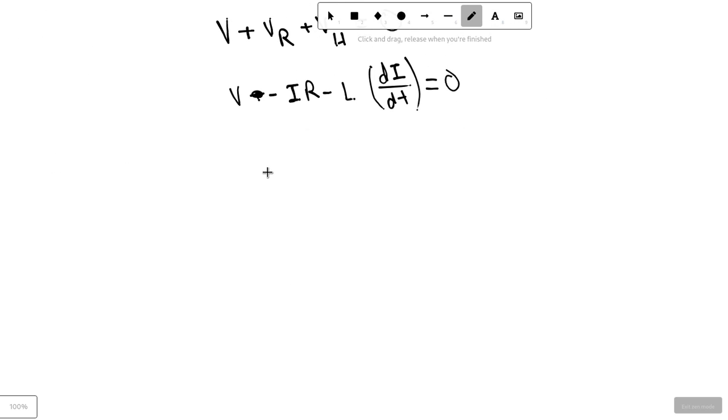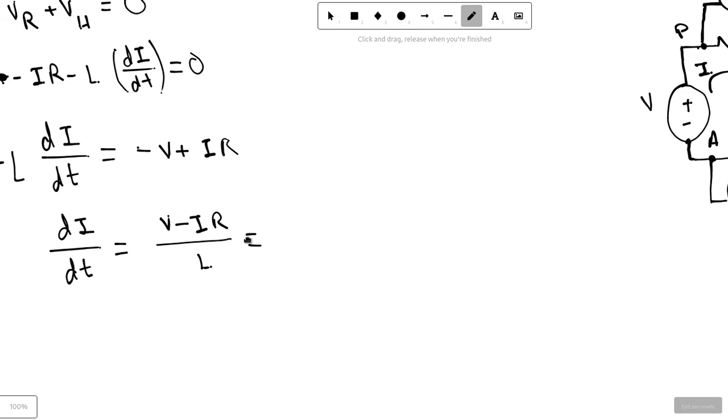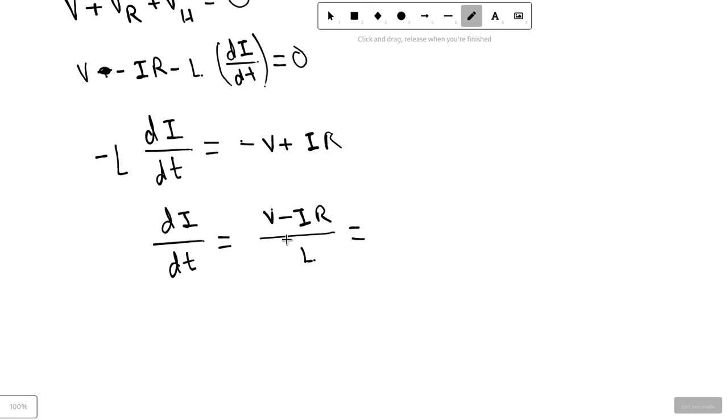And that is L times di by dt equals V minus IR, so di by dt equals (V minus IR) by L. All of these values are already given in the question.